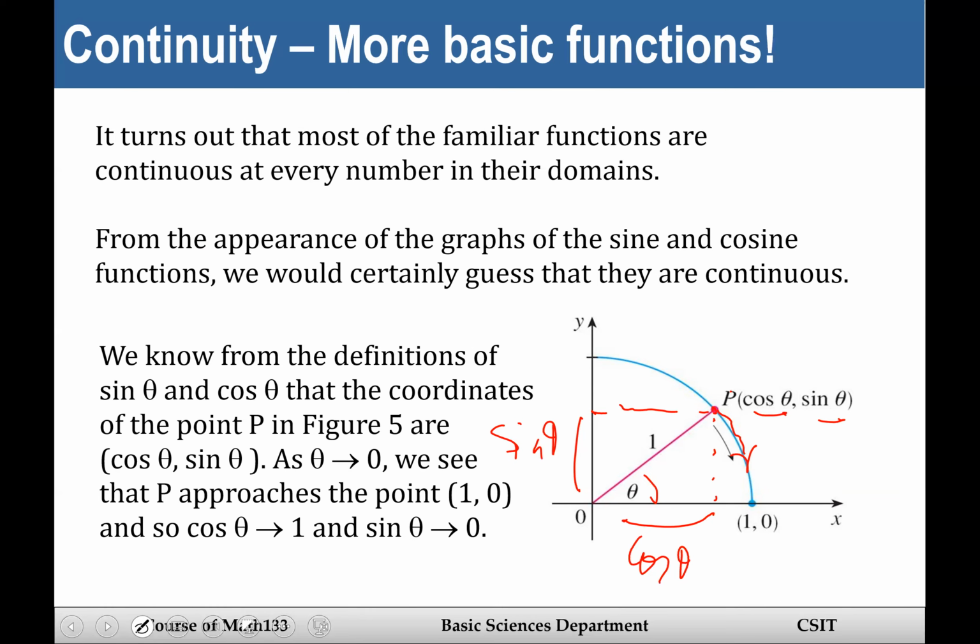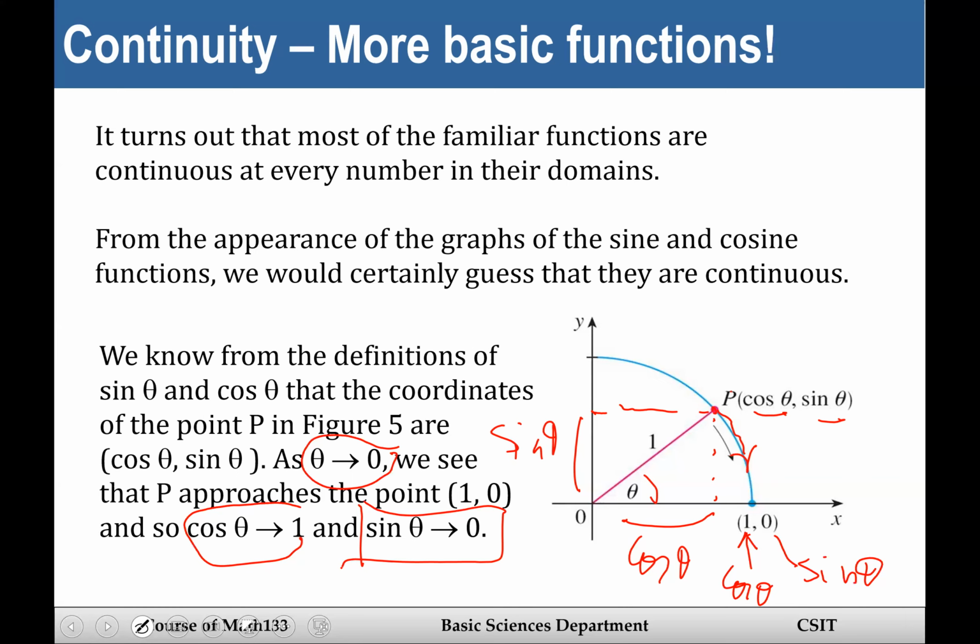This makes two conclusions. The first one is that the cosine will approach 1, that's the limit of the cosine, and the sine will approach 0. So we conclude that when theta approaches 0, cosine theta approaches 1 and sine theta approaches 0.